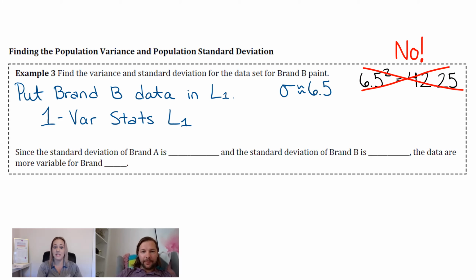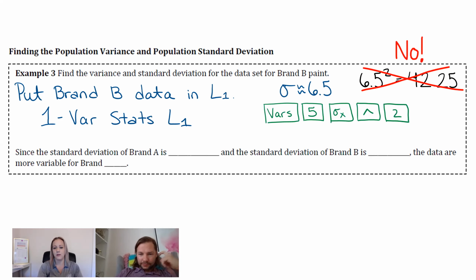So instead of typing that in completely, the way to get that value from your calculator, I'll show you what keys to hit. You'll hit vars, which stands for variables. And then the 5th one down, you'll see it says statistics. Go there. And then you want to get the sigma X, okay, because that has the stored value for what sigma is from our previous problem, and it's exact.